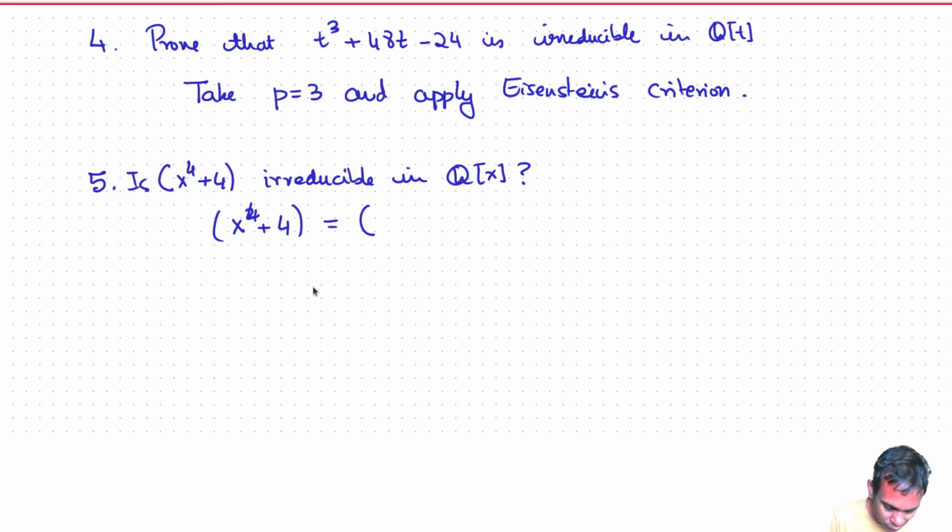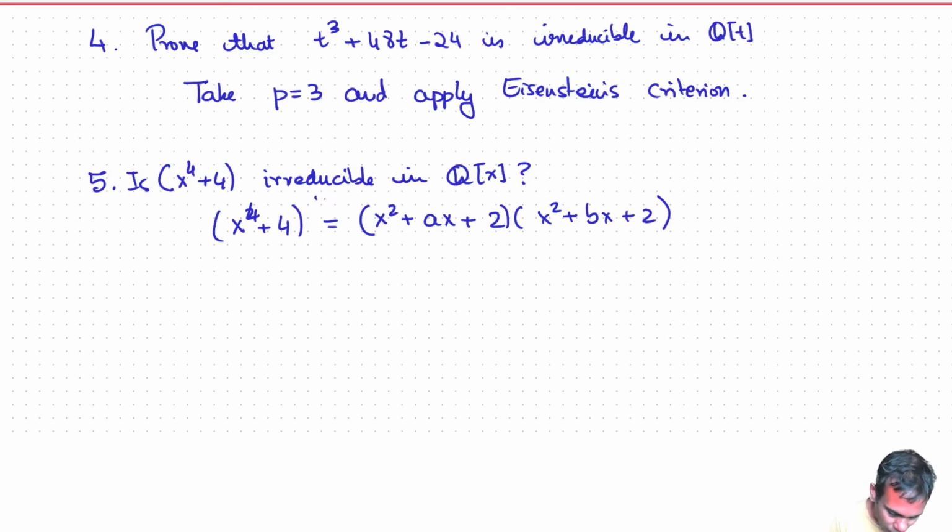So they must be of the form x squared plus ax plus 2 into x squared plus bx plus 2, or you can have x squared plus ax plus 4 into x squared plus bx plus 1. But let's just try this and see if we can find a and b.